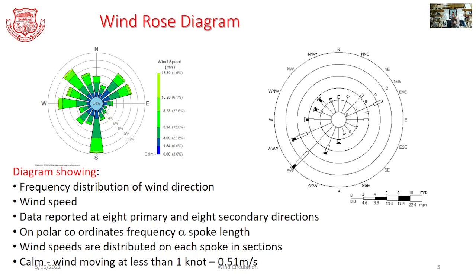As we refer to this polar coordinate, the frequency of the wind is in proportion with that length. So you can see here, this thin line is indicating 0 to 2 meter per second, slightly broader 2 to 4 meter per second, and accordingly.